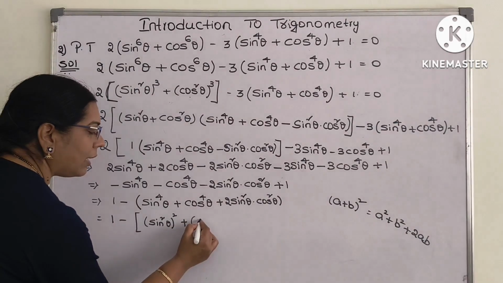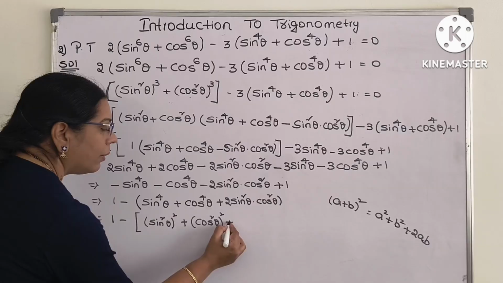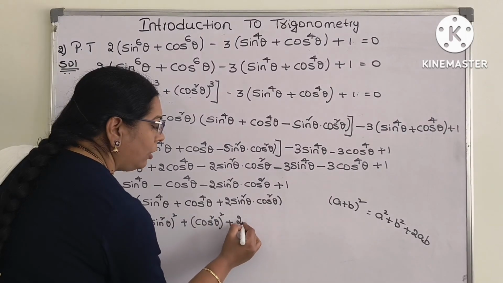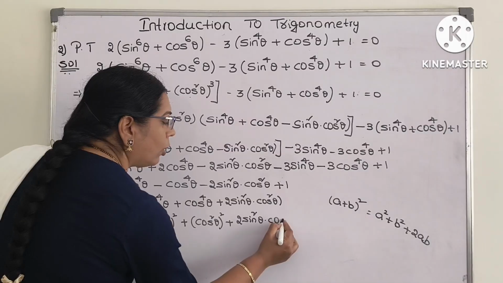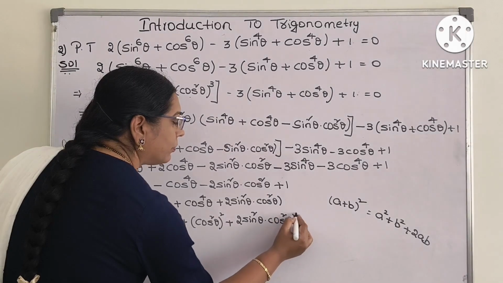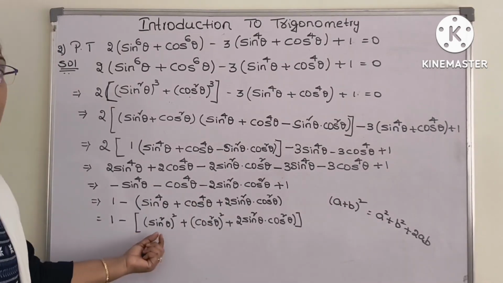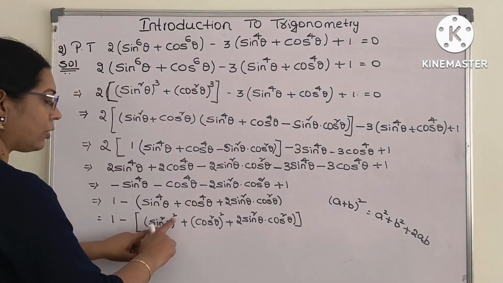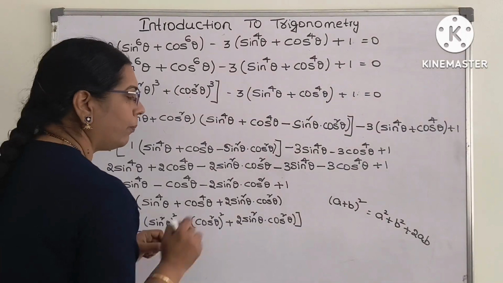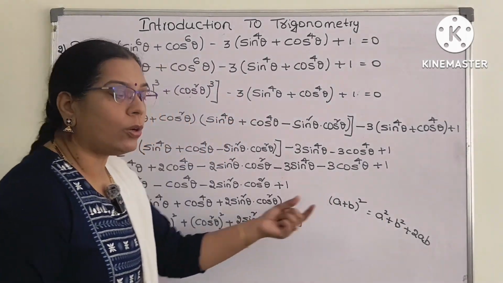Again, this can be written as cos square theta whole square, plus this is again 2 sin square theta into cos square theta, and I am not making any changes to this. So I have converted this expression into the form a square plus b square plus 2ab. So the expansion can be written as a plus b whole square.